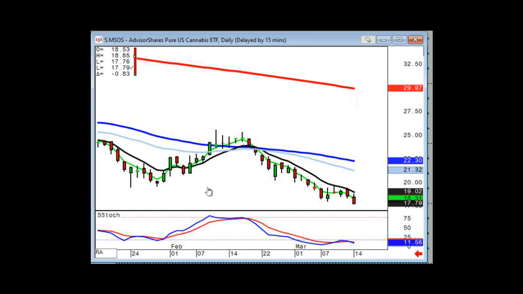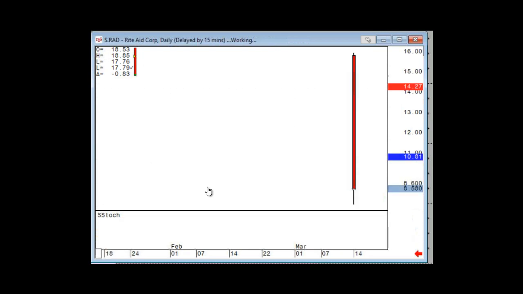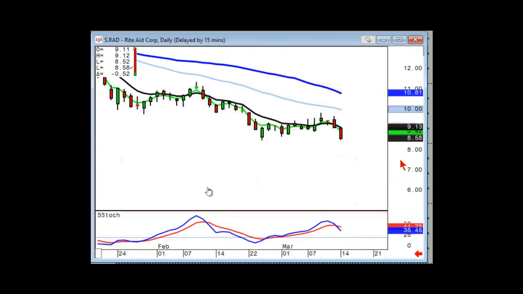Rite Aid. Another one you could be going short if you can. If it breaks this level after a bearish left-right combo, wave 1, wave 2, wave 3, probably bringing it down into this range.